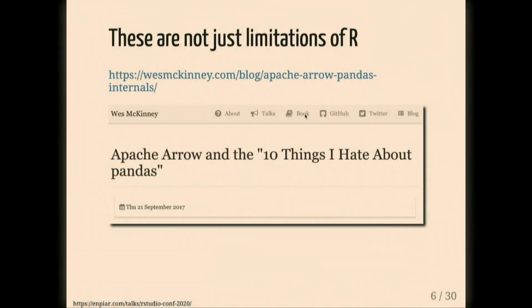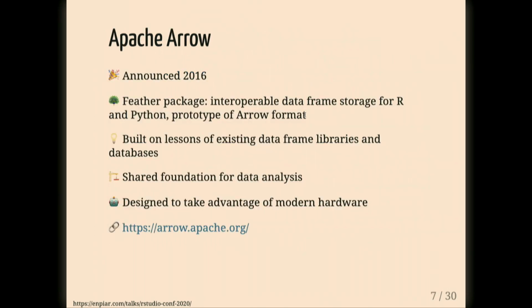But we're in good company. These are not just problems of R. Wes McKinney, who created the pandas library for Python, ran into similar challenges there, constraints on memory and on data types and whatnot. And so Wes and some others from the data community created the Apache Arrow project in 2016.